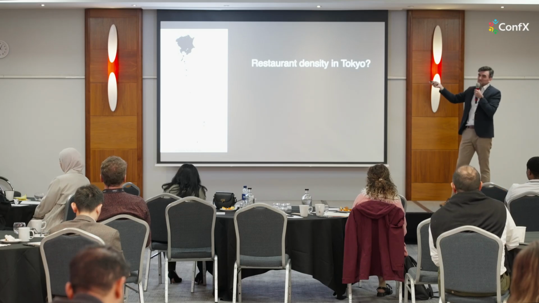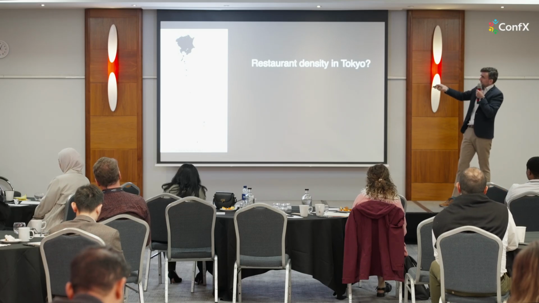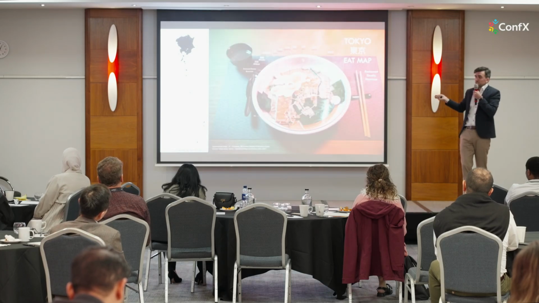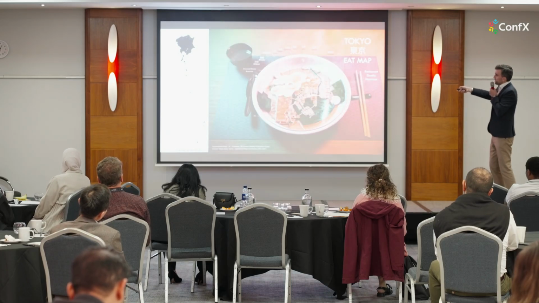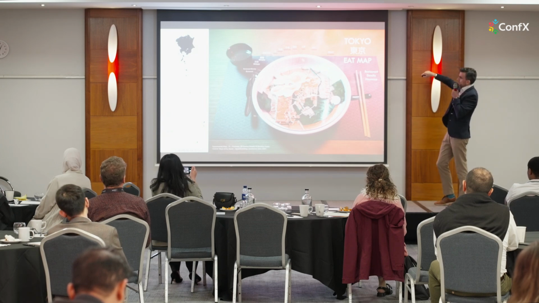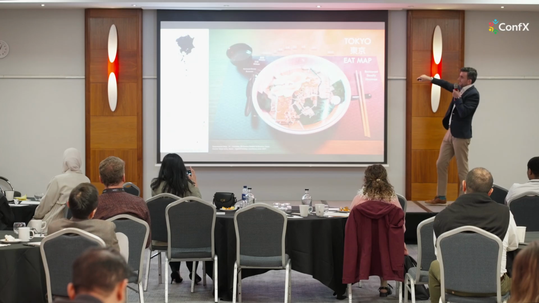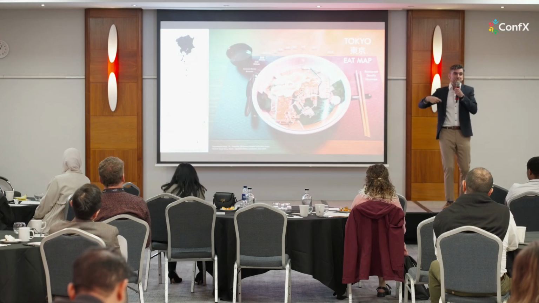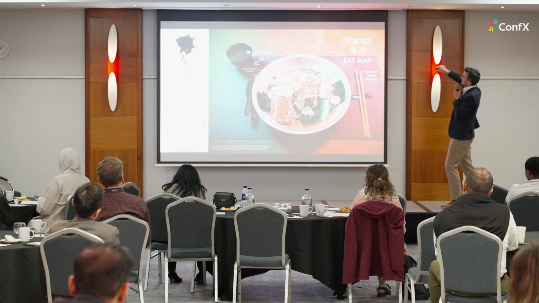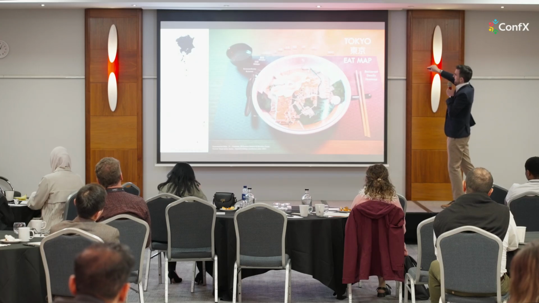This is OpenStreetMap restaurant density, and I turned it into a ramen dish, where each point is a restaurant. This is the map of central Tokyo, and the X is the density of restaurants. And I've highlighted the neighborhoods in here.